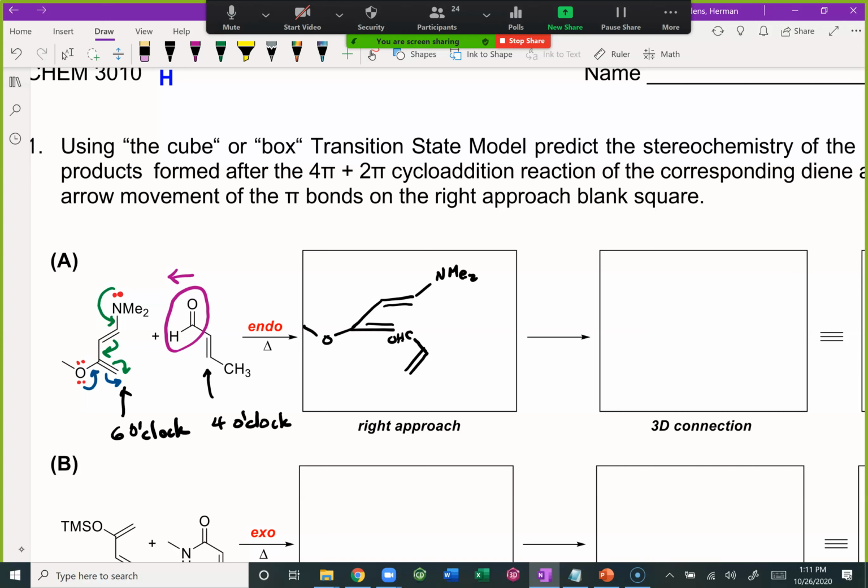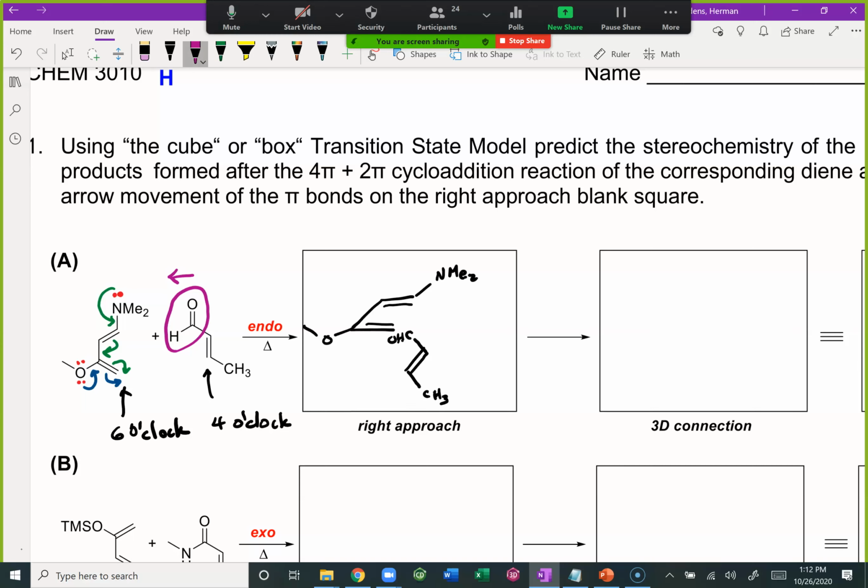Now, the next thing you want to do, there's a methyl group. Notice that this methyl group stays on this side to the right. Then the next thing we're going to do is the right approach, which means the connections.